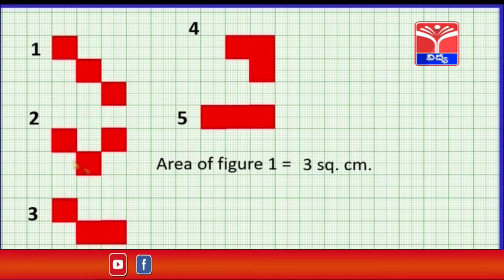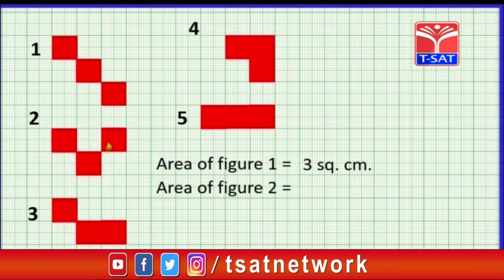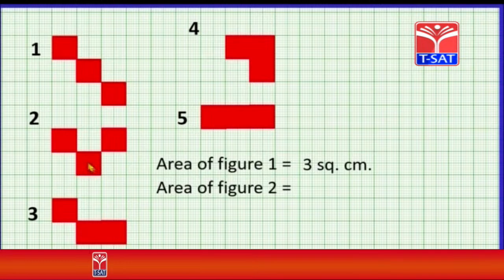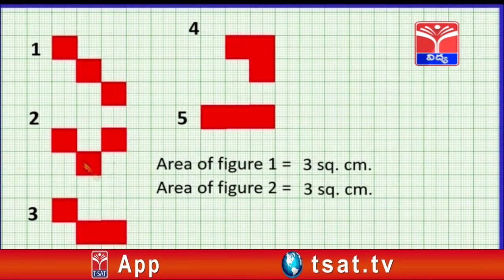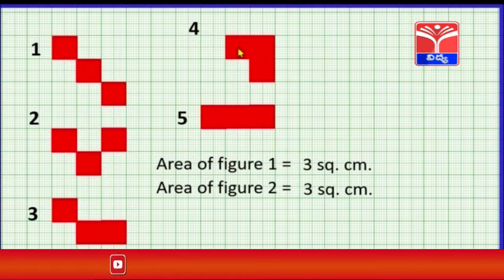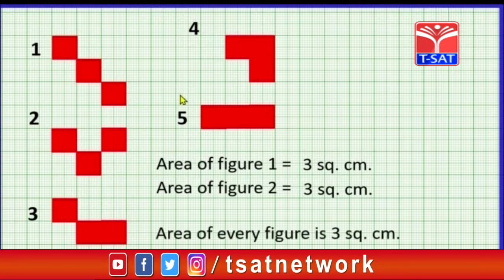Now observe the second figure here. Now area of this second figure, 1, 2, 3. The area is 3 square centimeters. Like that, every shape has 3 squares here. So area of every figure is here 3 square centimeters.